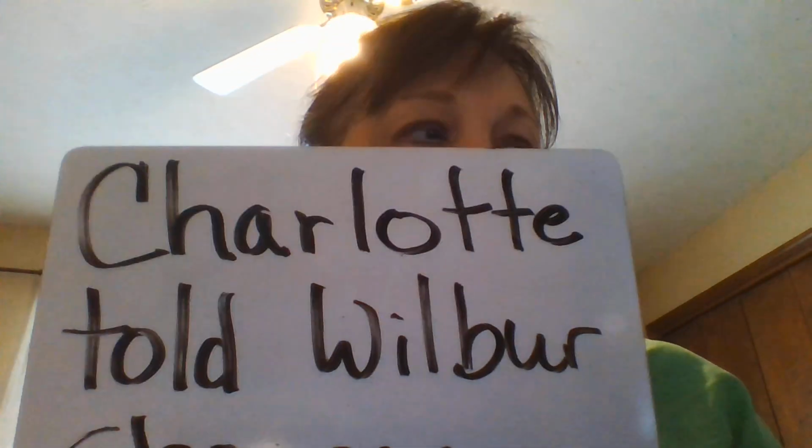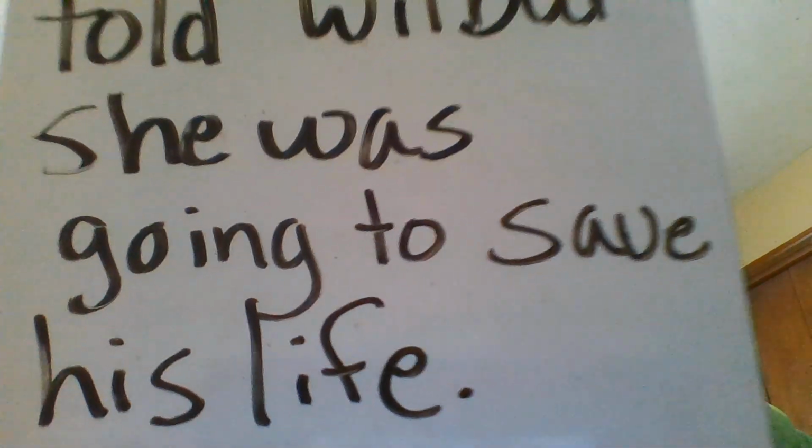And I'm going to say that Charlotte told Wilbur she was going to save his life. All right, so let's write that where it says on the lines. Charlotte told Wilbur she was going to save his life.